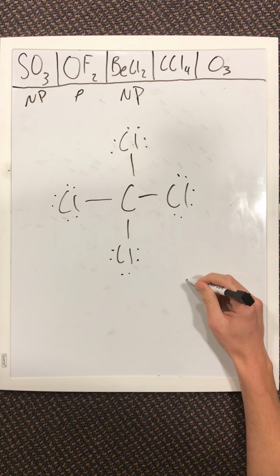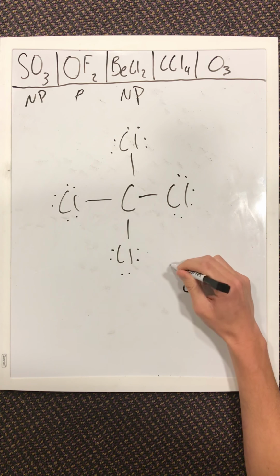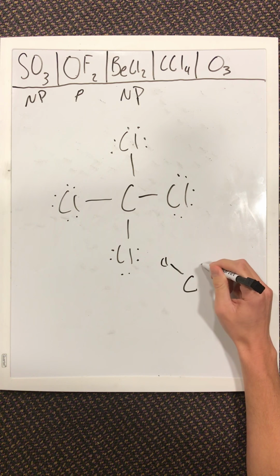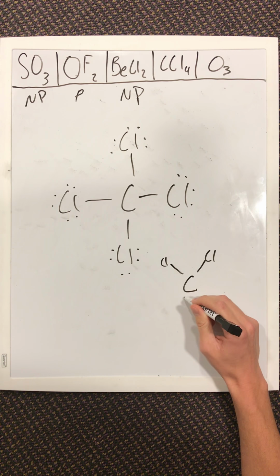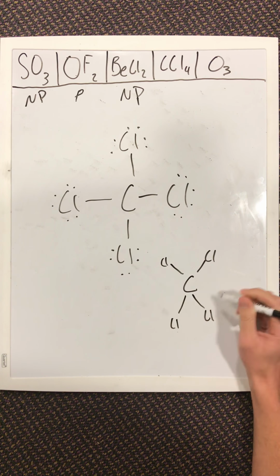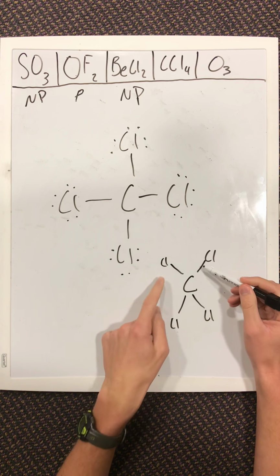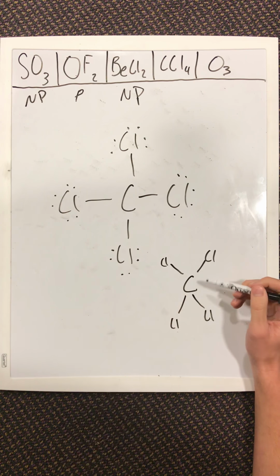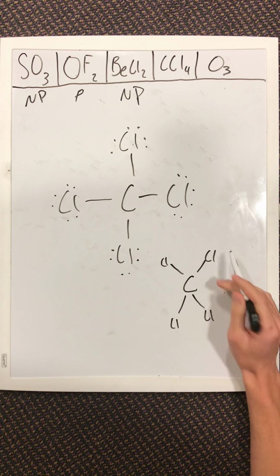So it's actually going to look something more like this. And we just have to imagine one of these two is coming out of the page a little bit, and one of them is going into the page a little bit.